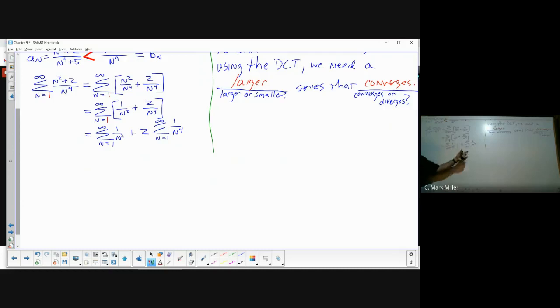But these two series both are p series. Both converge as p series with p greater than 1. Over here, p is 4. Over here, p is 2. Both of those converge.